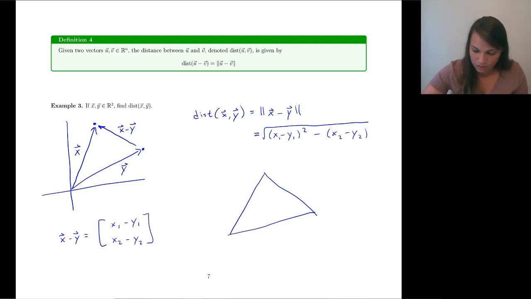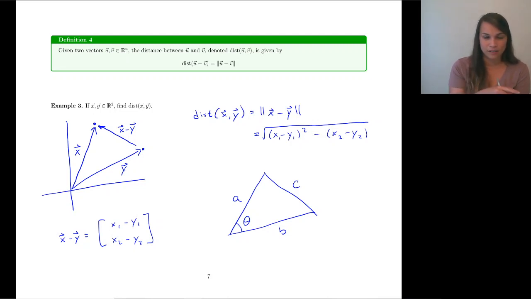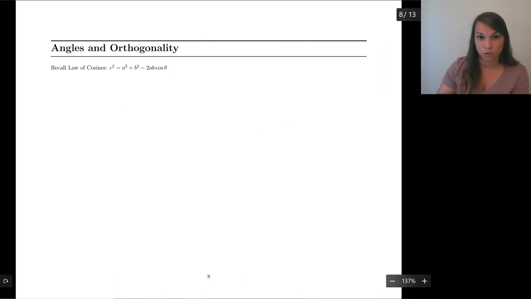So what if we have an isosceles triangle like this, with theta, c, a, and b? Could we find this distance c? And the answer was yes. That was the law of cosines. So the distance formula was really a specific case of the law of cosines. So let's remember the law of cosines, because this is going to give us some cool stuff.